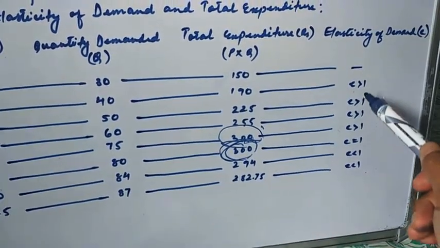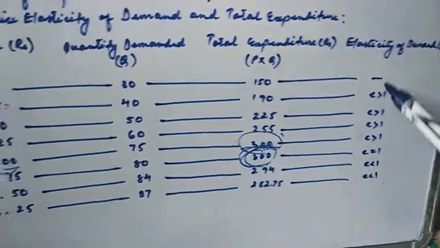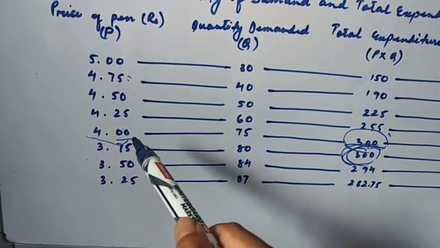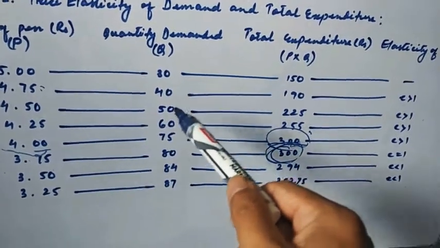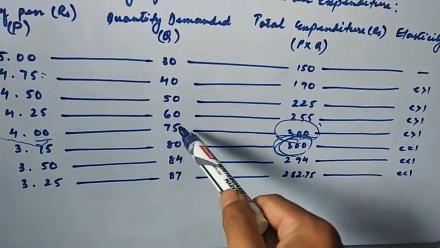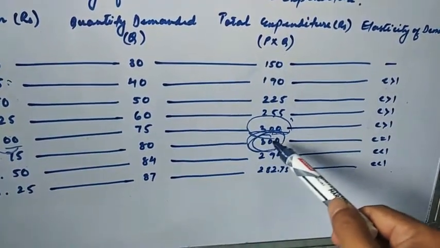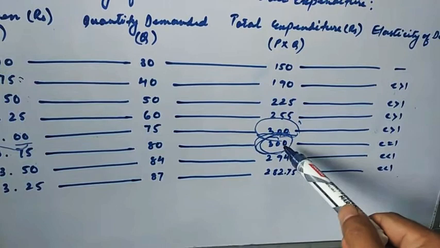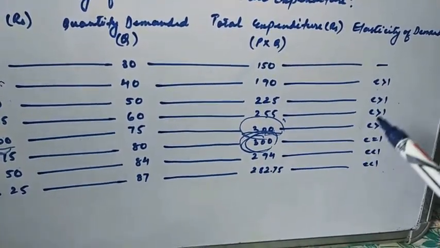This is the condition where elasticity is greater than 1. After 4 rupees, price has fallen to 3.75, which leads to an increase in quantity demanded from 75 to 80, but the total expenditure remains the same, 300. Price elasticity in this condition is equal to 1.